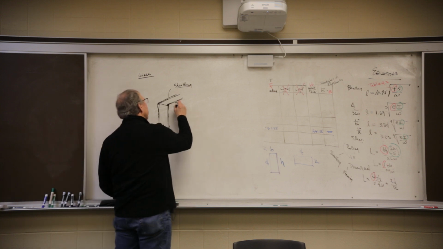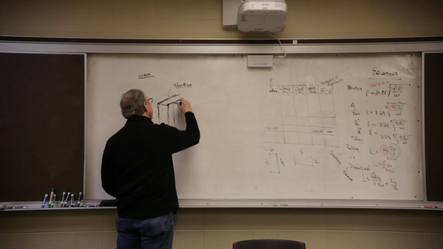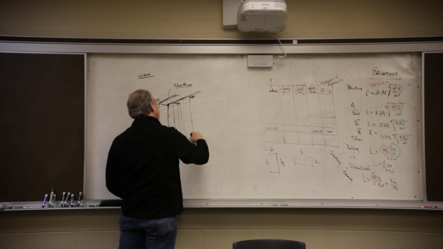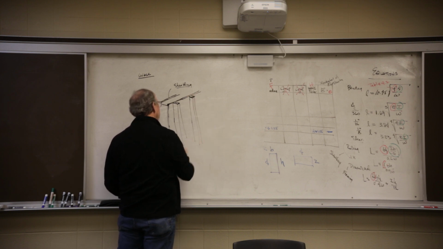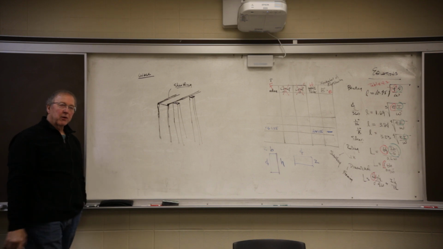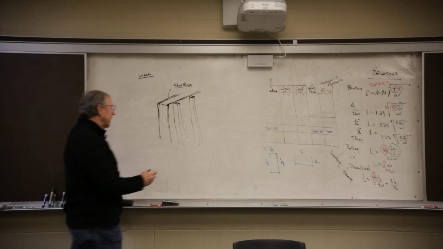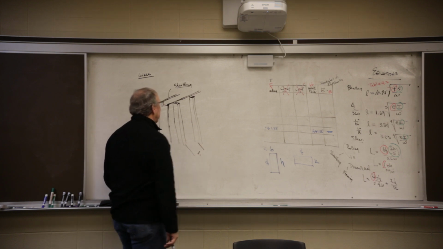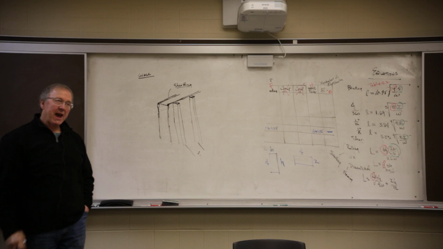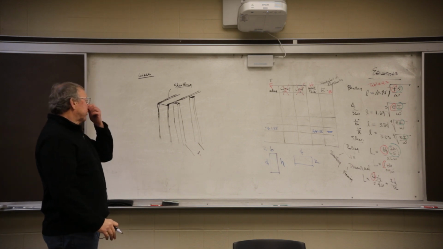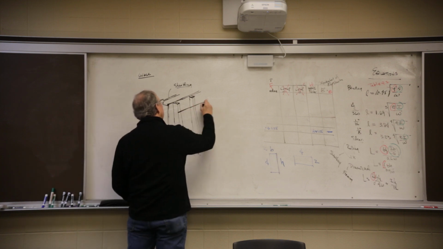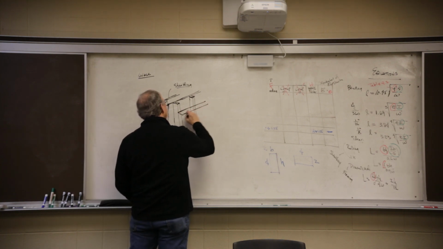Okay, then we've got studs. The studs are just like studs on a wall. They're spaced, and this is the L again. The L, L1. This is how far apart we put them. They'll be stacked, okay? So we got studs, and then to support the studs, we have wales.